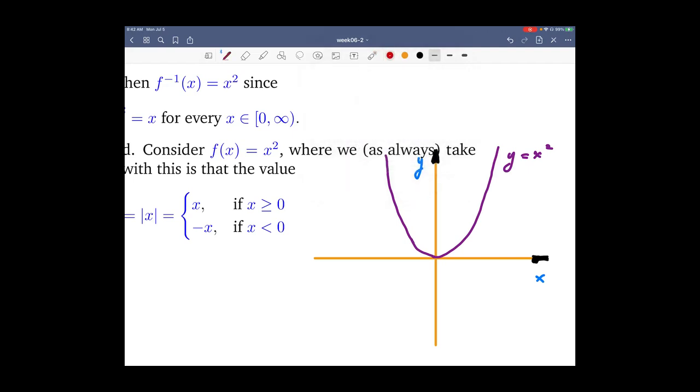If I intersect the graph of x squared with the horizontal line, like this, I see immediately that for a fixed y, when it's positive, there are two corresponding x's, positive root y and negative root y.